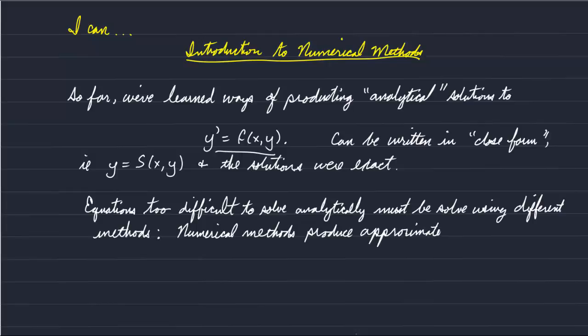And those approximate solutions are often very accurate, but again at discrete points. These are discrete points in space or in time, depending on the problem. So numerical methods are extremely powerful ways in which scientists and engineers solve complex problems.